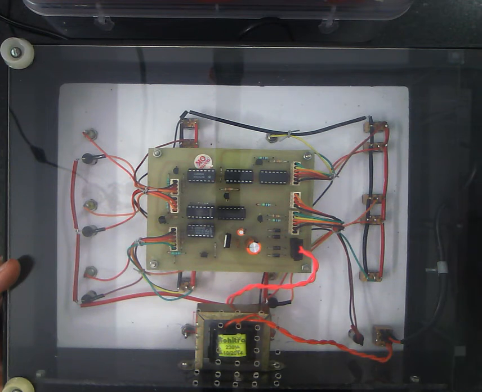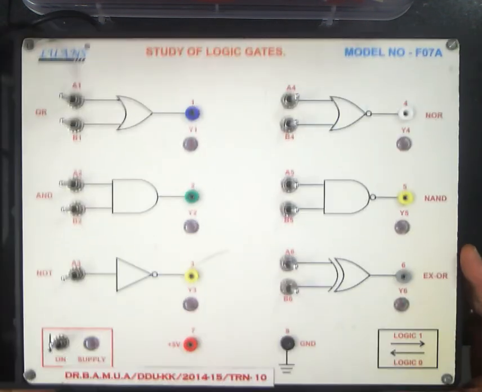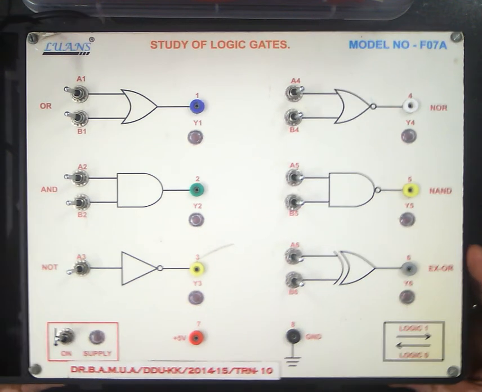We will be applying individual signals to the pins directly and we will perform the experiment thereby. This particular session is dedicated for verification of the logic operation of the gates.